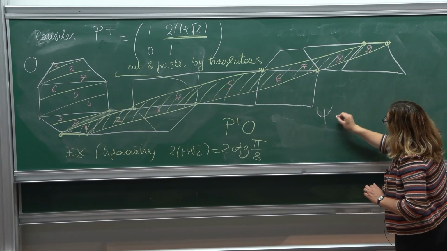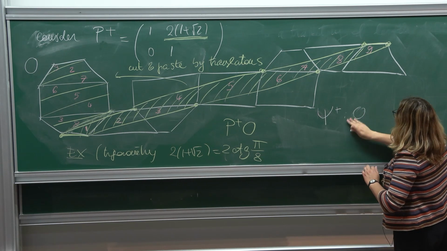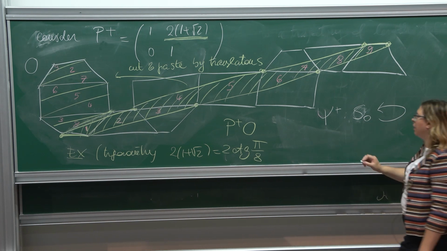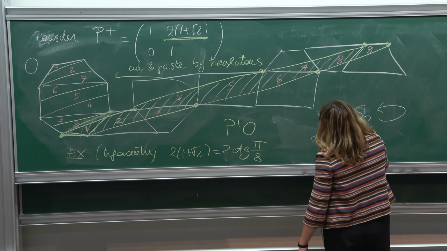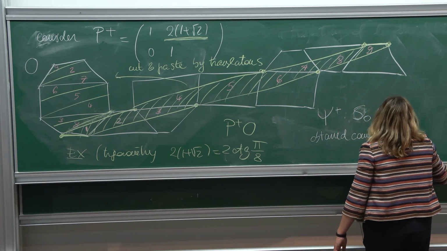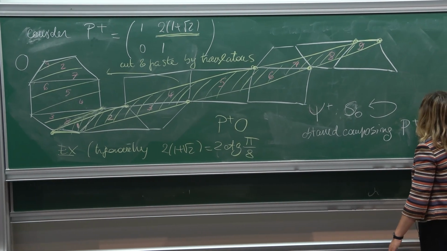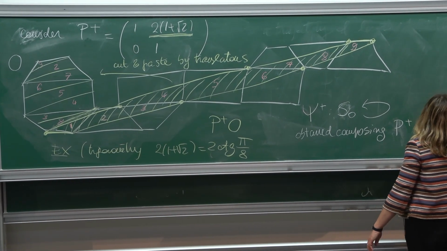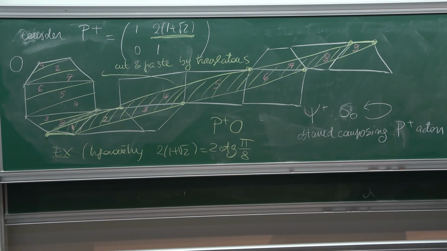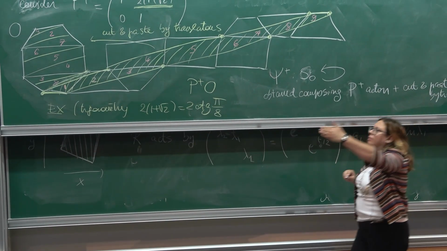So psi plus, from SO to SO, obtained by composing the P plus action plus cut and paste by translations, is an automorphism of the surface.